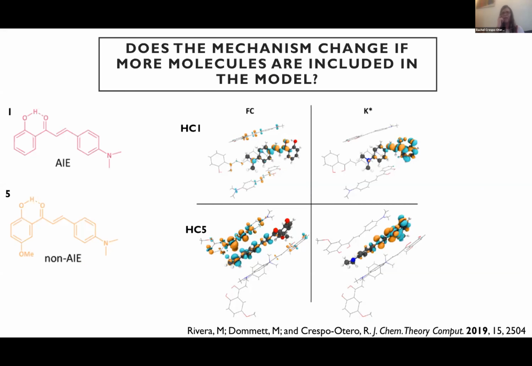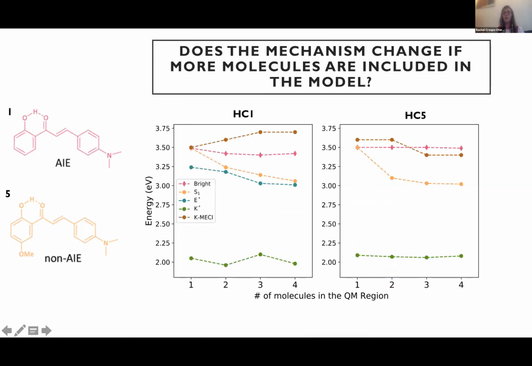And because of the level of localization of the electronic density in this instance, you could see that the energies converge once you have more than two molecules in the QM region. Consequently, the model is particularly stable, and we can use this to explain the differences between the emissive response of this series of systems.